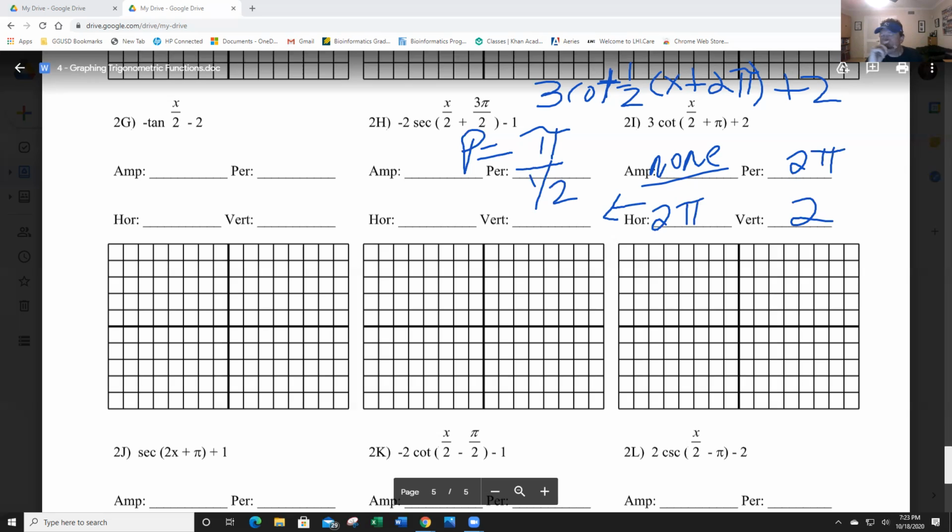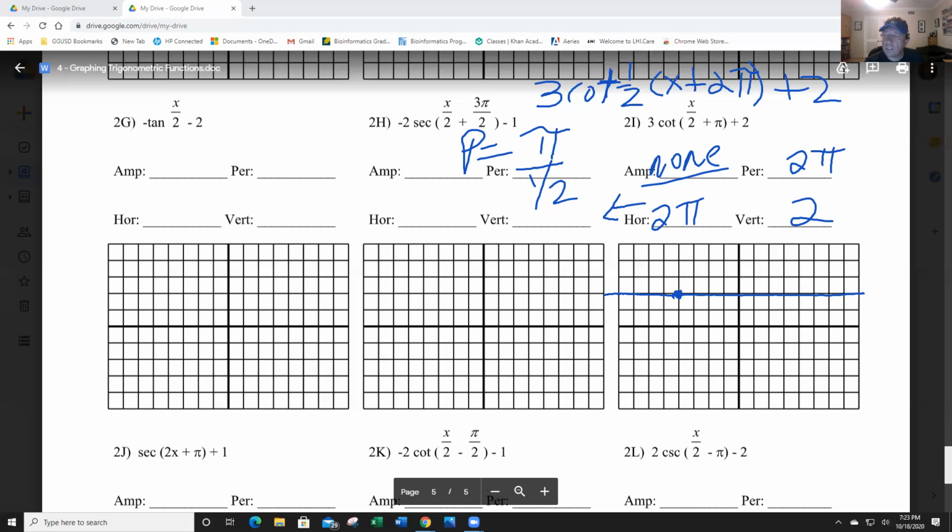Okay? So let's do this. So let's shift this 4 boxes. 1, 2, 3, 4. And the midline, the vertical shift is right here, 2. So 1, 2, 3, 4, right there is going to be the turning point of this.